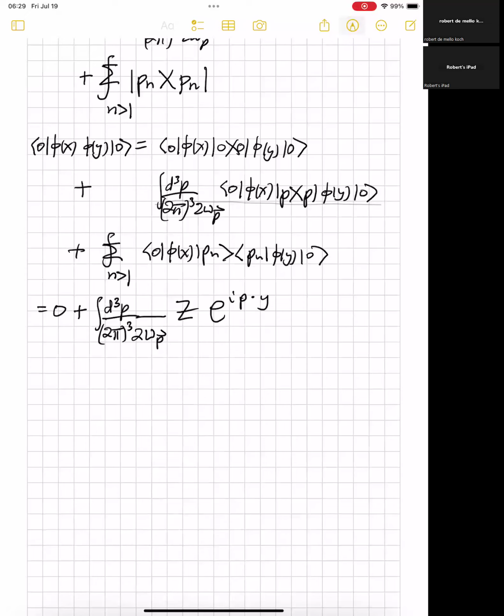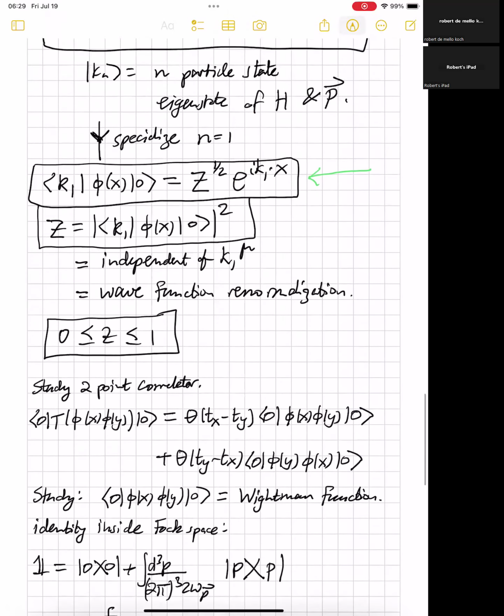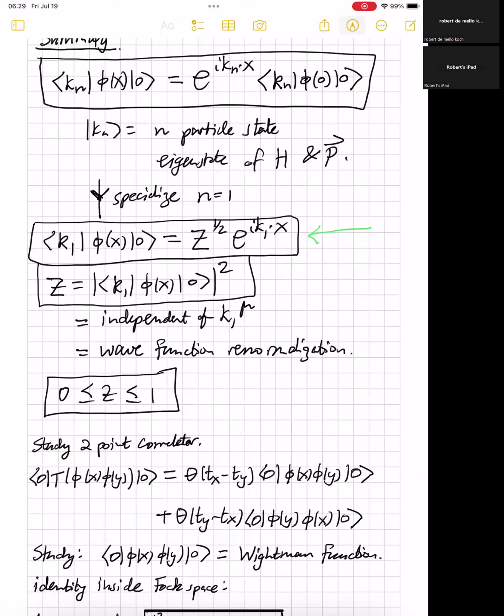For the other matrix element, the one involving phi of x, you need to take a dagger to swap the position of the p and the 0. And that means that this exponential will be complex conjugated. So I just get a minus x. So my last comment was just saying the equation that you need is obtained by taking a dagger of that box with the green arrow. Okay? So dagger that box and you'll get the equation that I just used.